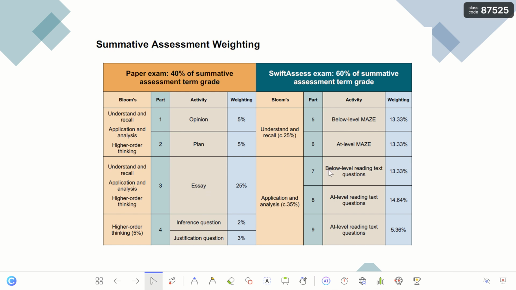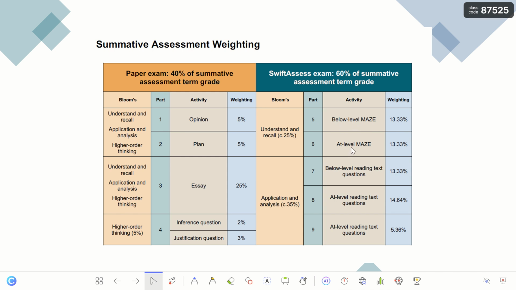Then after that, you start your Swift Assess exam on your devices, which is the reading one. And this time, instead of reorder the words, you're going to have a maze, but it will be below level. So this one, you must make sure that you get these 5 marks because it's below level.